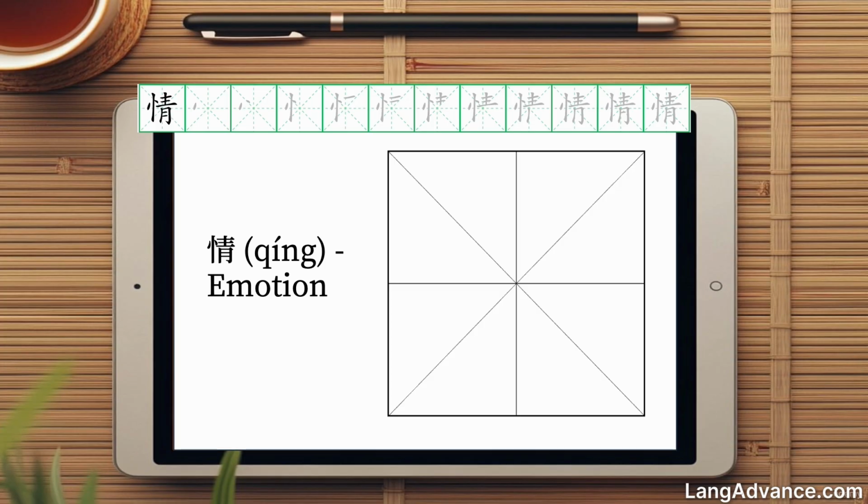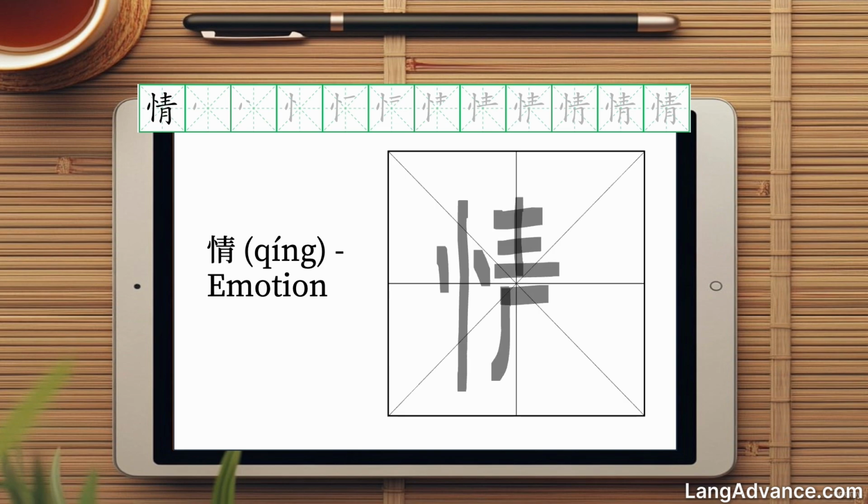Let's learn how to write qing, which is emotions in Mandarin Chinese. This emotion, we can talk about a friendship, we can talk about relationship, family, and all sorts. So you can see there are two components. We have the heart, and some of you might already recognize, isn't that green in Mandarin Chinese?